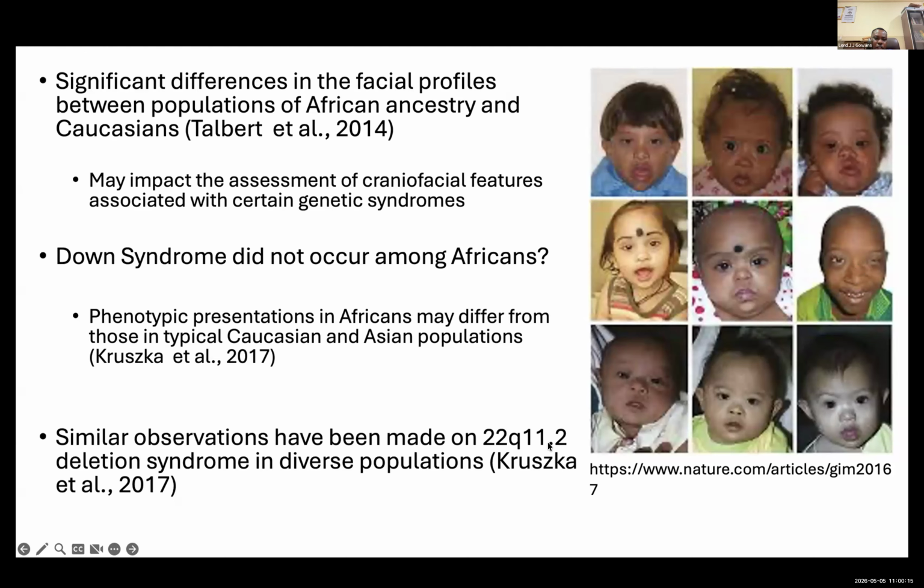And there have been studies on the presentation of 20q deletion syndrome as well, where the facial difference between Africans and other populations looks different. So it's always very important to get clinical phenotypes or facial images from different populations so that we're able to make good meaning out of the phenotypes as far as the genomic sequences from different populations are concerned.